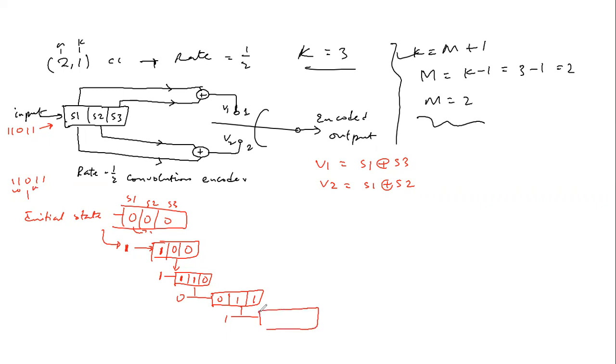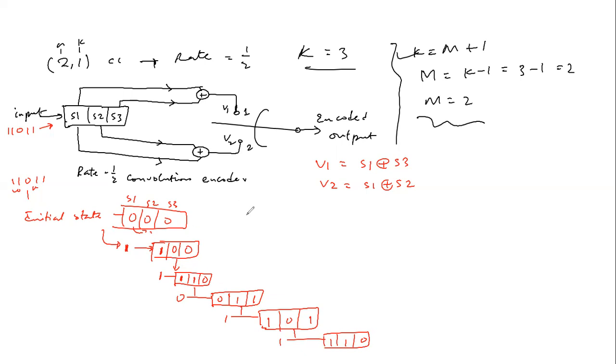Then once again, 1, then this 0 is shifted to shift register 2, and this one is shifted to shift register 3, and then this one is discarded. Boom. Then we have the last bit, 1. Once we feed that in again, what do we get? We get a 1 here, then this one is shifted to this, and then the 0 is shifted to that, and then that is discarded.